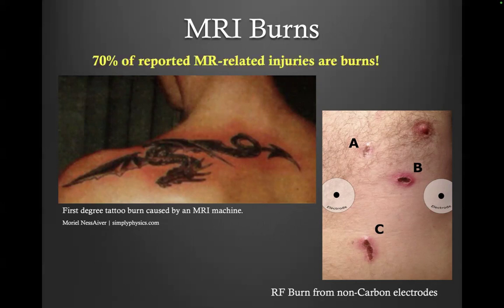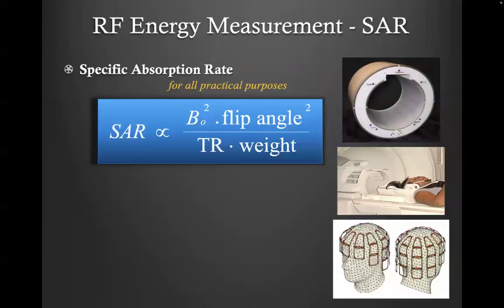Nowadays MRI-related fatalities, and even injuries, have really declined for the most part. But 70% of reported MRI-related injuries are actually burns. This RF energy is measured by the so-called specific absorption rate.